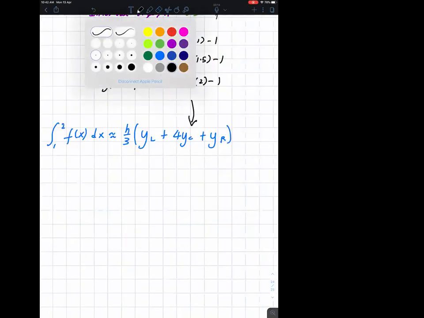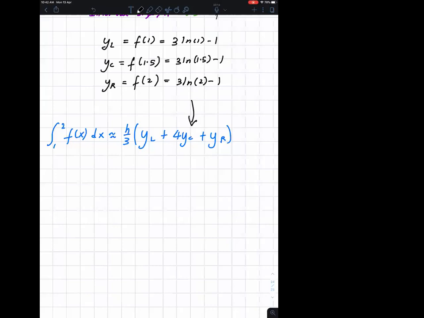So let's do that. That's going to be equal to, what was our h? h is 1/2, right? Over 3. If you have a calculator, you can calculate this. If you don't have a calculator, you can just leave them inside here.